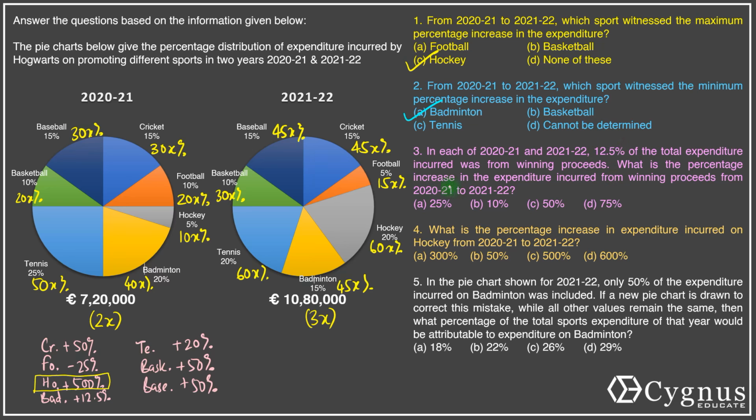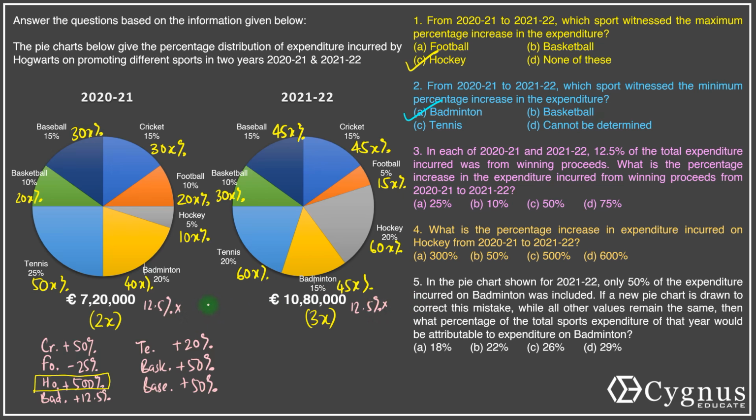What is the percentage increase in the expenditure incurred from winning proceeds from 2020-21 to 2021-22? So the winning proceeds was 12.5% of 720,000 euros here, and it was 12.5% of 1,080,000 euros here.